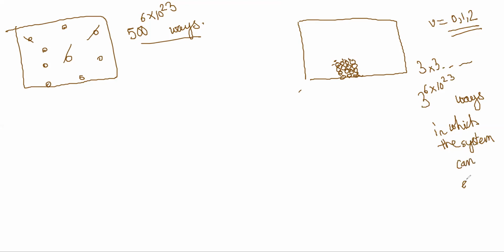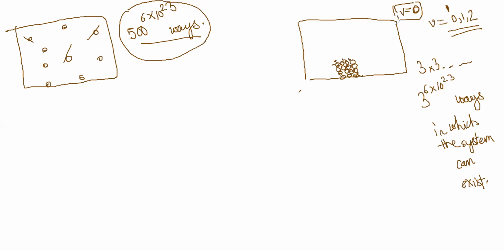So now notice that in this situation, the number of ways in which the system could exist was much higher, and in this, the number of ways is much smaller than that. Suppose only one speed was allowed, and that was 0. In a solid state, suppose no particle could move.